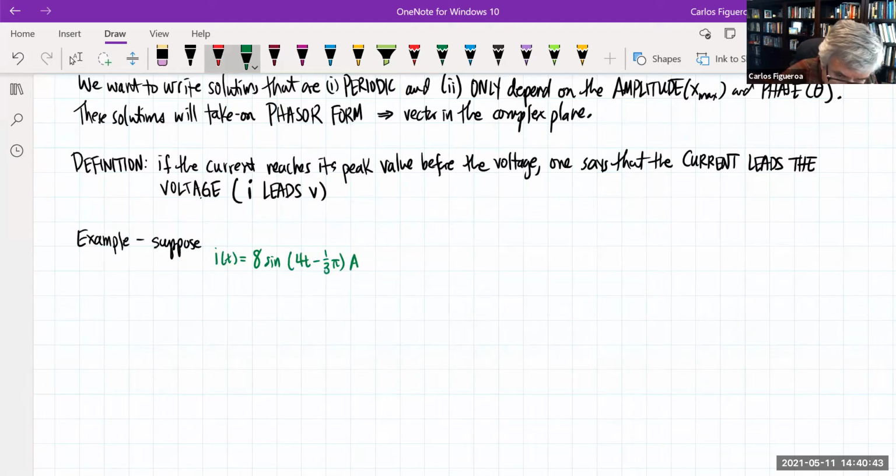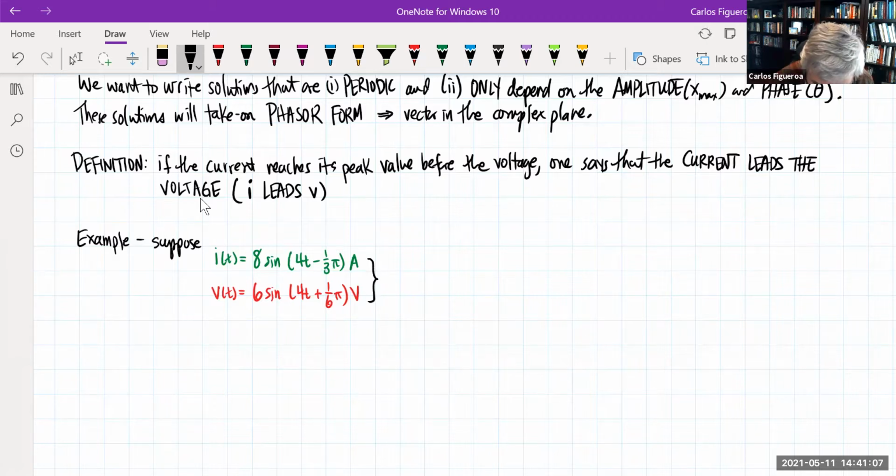amps. And then I have a voltage of t, and in this case, this guy's going to be 6 sine of 4t plus, let's say, 1/6 pi volts. So what I'm going to do here is look at the phase difference between these two functions.